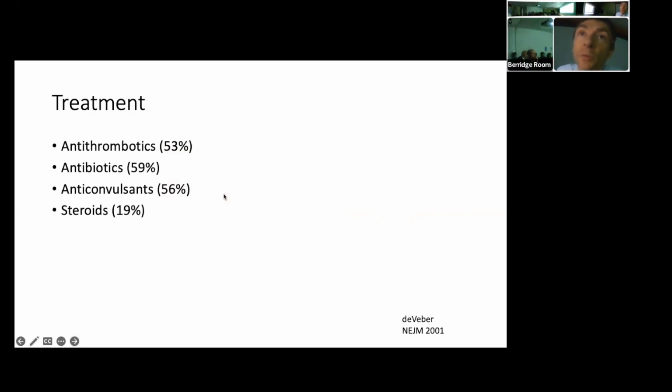Okay. And then just to say a word on the treatment. So again, this is quite interesting, because you can see these are the overall numbers for children between birth and 16 years old. So only half of them actually received heparin or other antithrombotic agent.